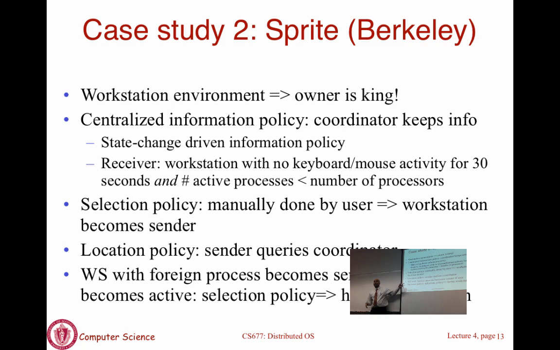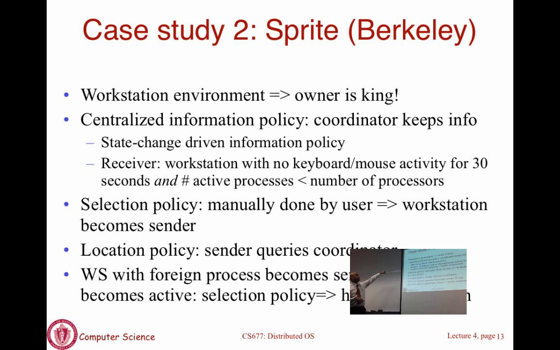Okay? And the interesting thing here was, unlike System V and some of the policies we were talking about, where you send newly arrived jobs, in Sprite you could actually take processes that are already running and move them over. Okay? So it implemented this notion of process migration, which was actually a key advance from an operating system perspective. This was still 25 years ago, actually, or a little more than that.